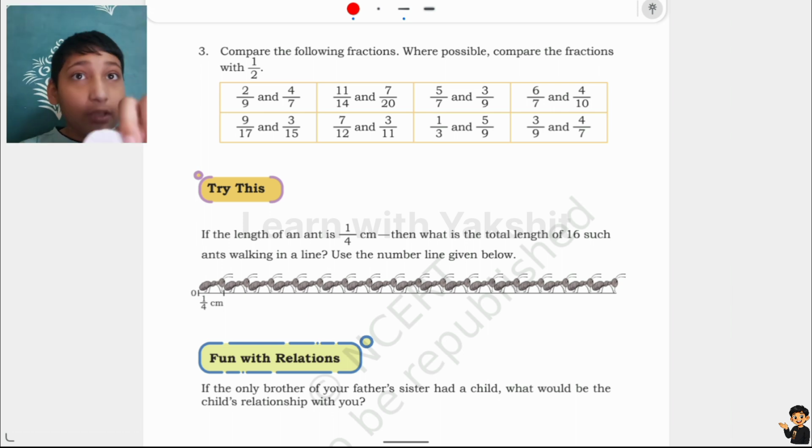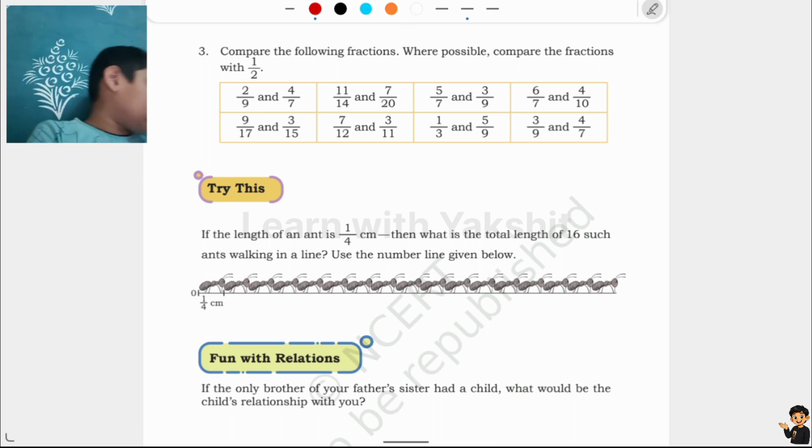Yes, the smaller the denominator, the higher the value of the fraction. So I haven't done a snap for a while. Oh yeah, I forgot to write the answer. I just showed.